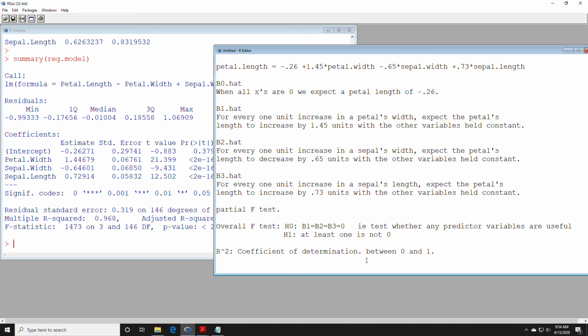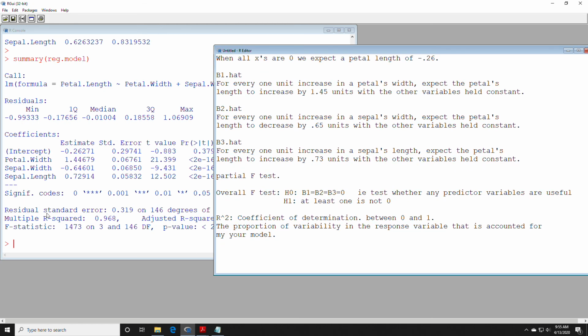It has to have a value between 0 and 1. What it is interpreted as is the proportion of variability in the response variable that is accounted for by your model, basically by your set of predictor variables. In this case, we can see it's 0.968.